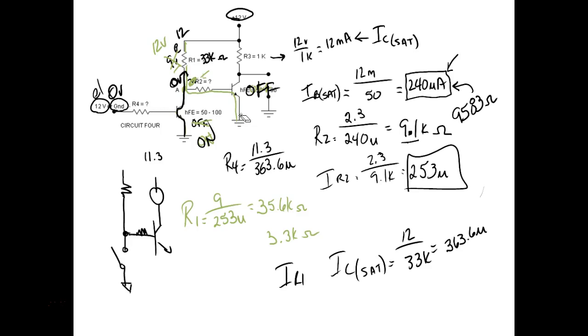Okay. And then on the other one, it's 33K. We got that right, 273 microamps. So that's a problem there too, right? I see set Q1 is supposed to be what? 12, right?